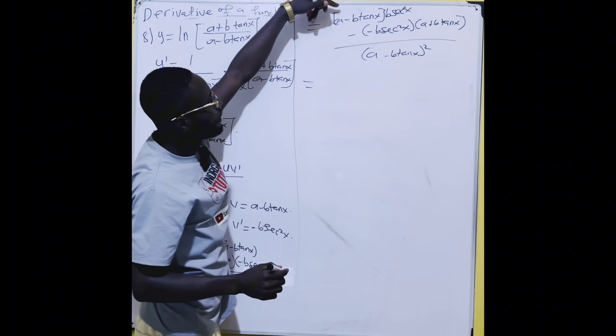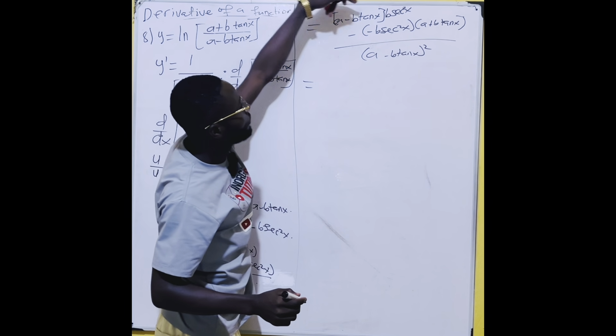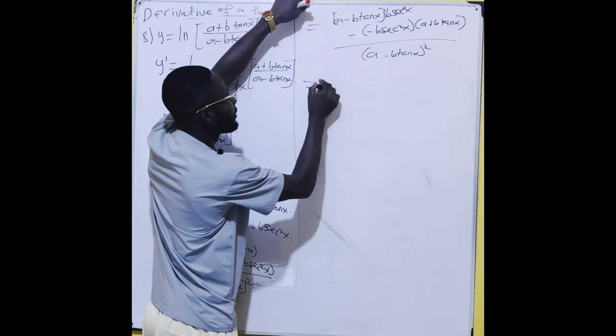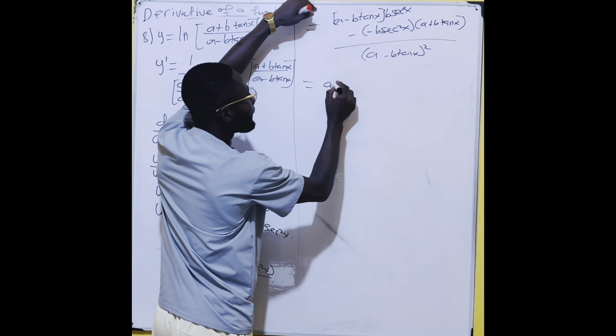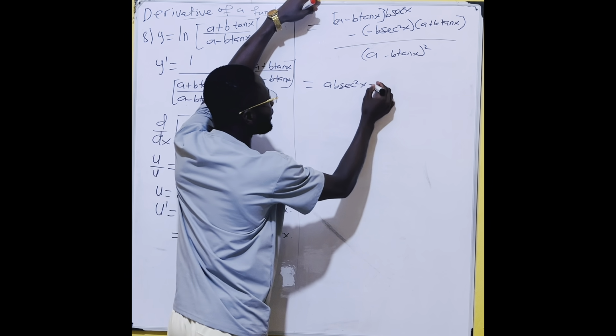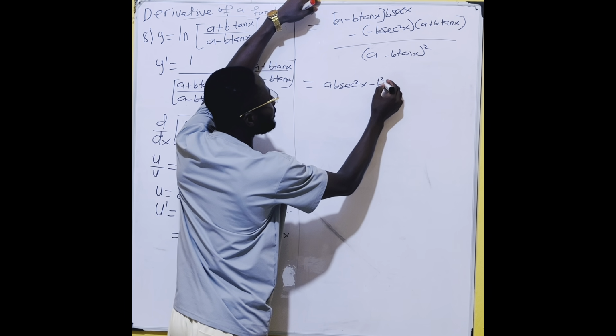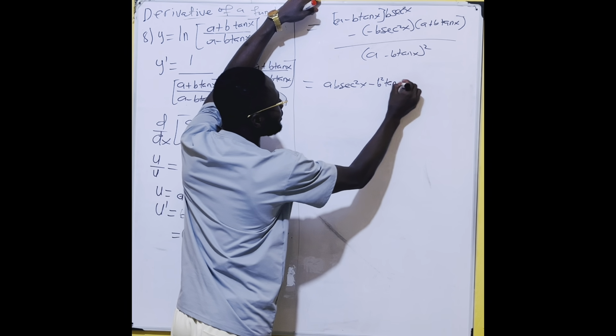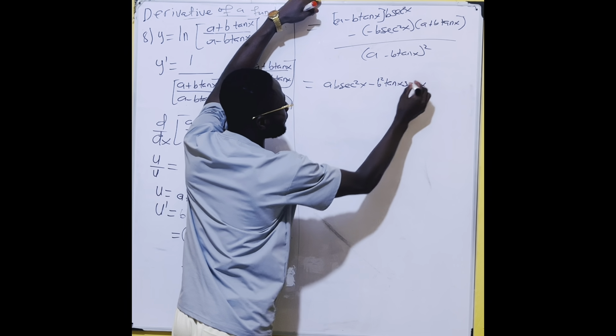So this, we can expand, and we have ab sec squared x minus b squared tan x sec squared x.